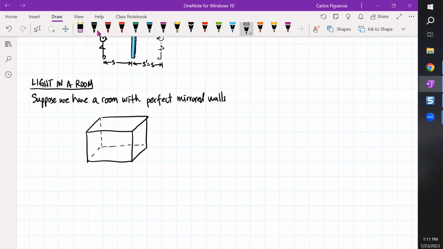So now if I have my light bulb, I'm going to shine light from this light bulb, and it's going to light up the room.